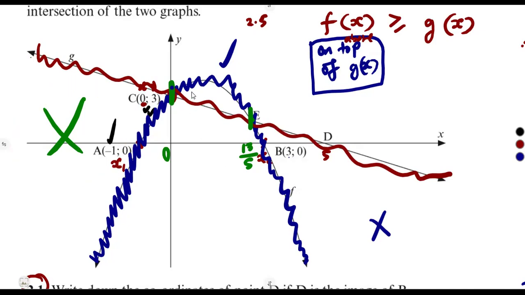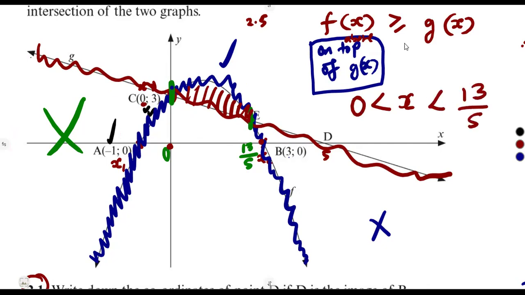So you see that the correct part is this one, where we see f of x being on top, as we can see. It is on top of this g of x in that interval. So how do we take solutions if they are in between one value and another value? It will be x is greater than 0, but less than 13/5.